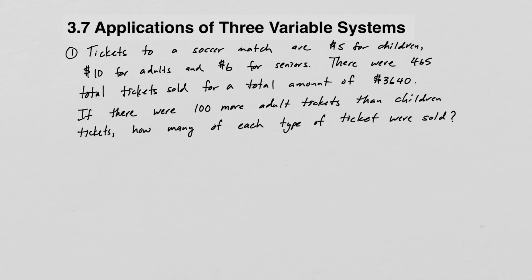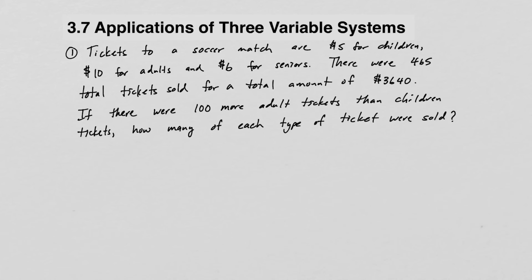There were 465 total tickets sold for a total amount of $3,640. If there were 100 more adult tickets than children tickets, how many of each type of tickets were sold?